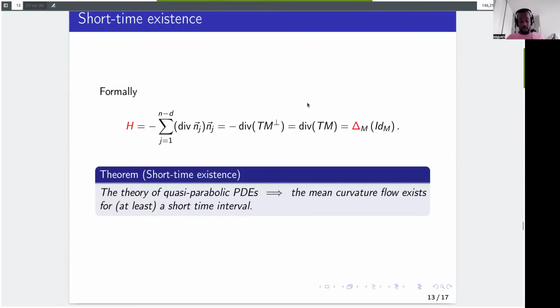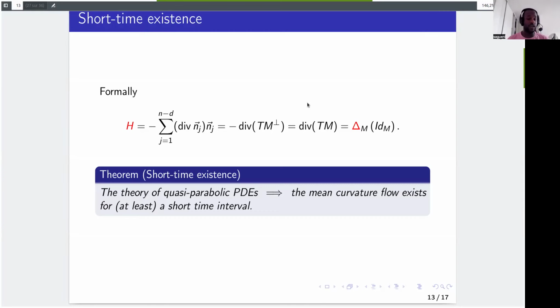Okay, and by this new definition, or I mean other definition of the mean curvature, we can obtain the following result. It's the short time existence of the mean curvature flow. And how do we obtain this? It's from the quasi-parabolic PDE's theory.